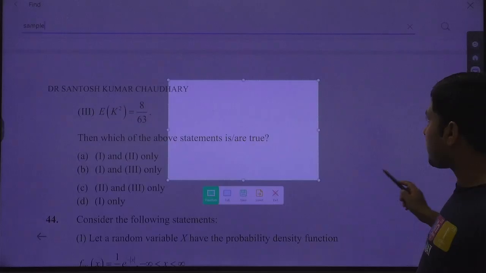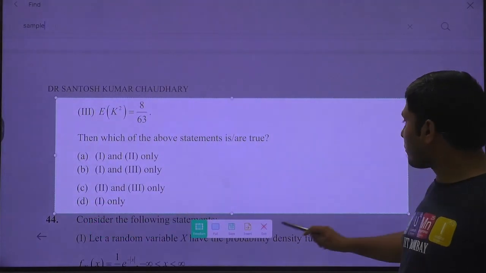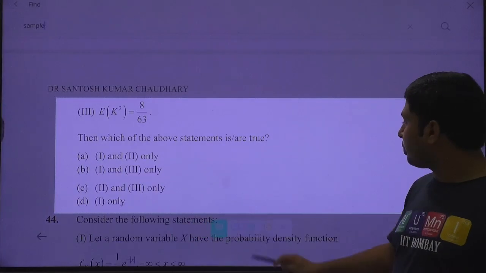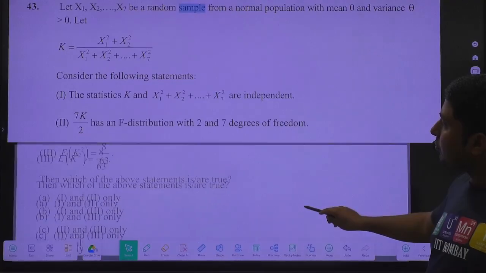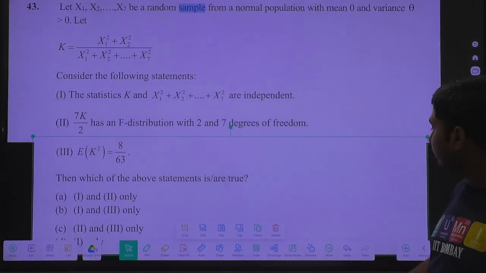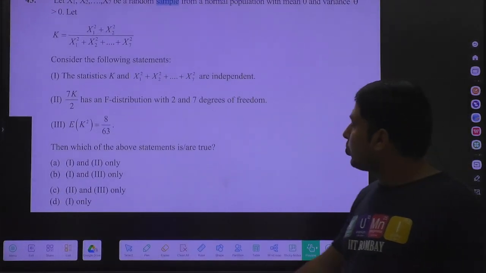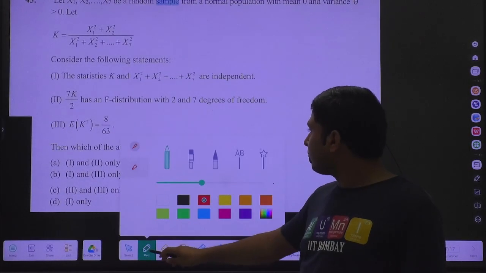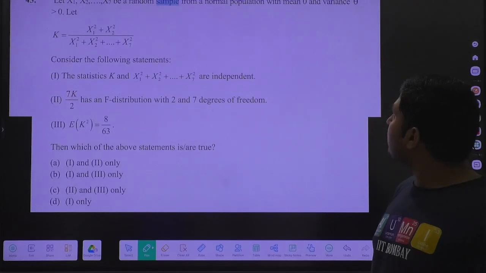Like this is the question that we are starting. This is based on a theorem. I will write the theorem and then you will know. They have given x1, x2, ..., x7, a sample from normal 0 theta.